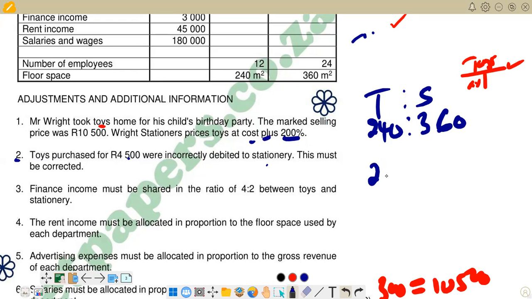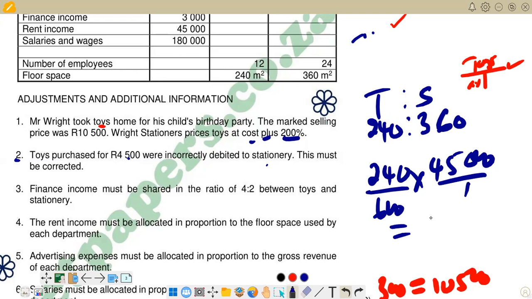So for the first one, 240 over 600 times the total for rent income. We see that we've got 45,000 for rent income, so you're saying 45,000 over 1. So for rent income, you're going to get 18,000 for the first one.